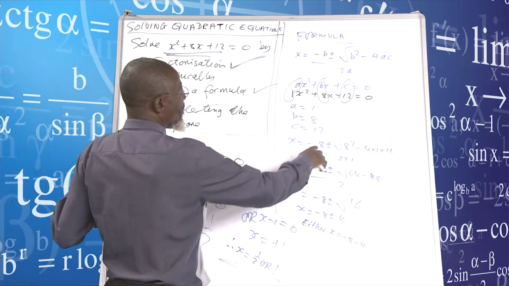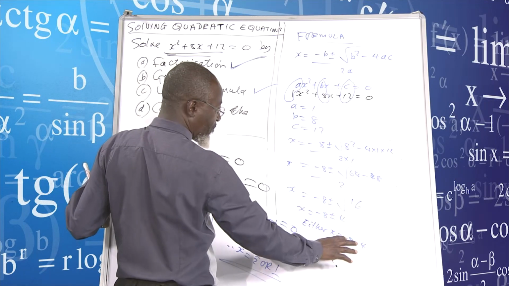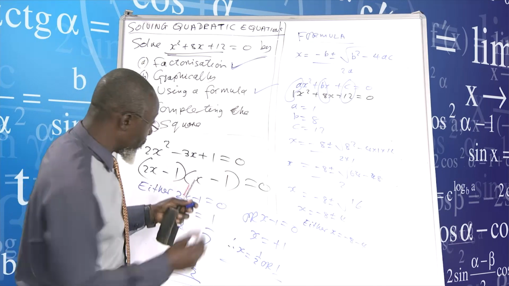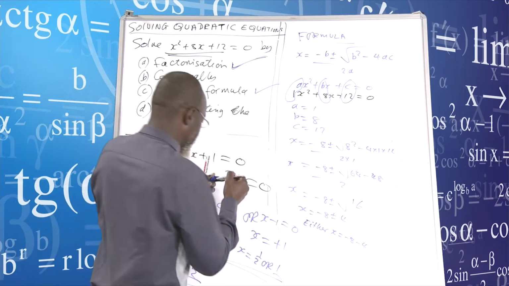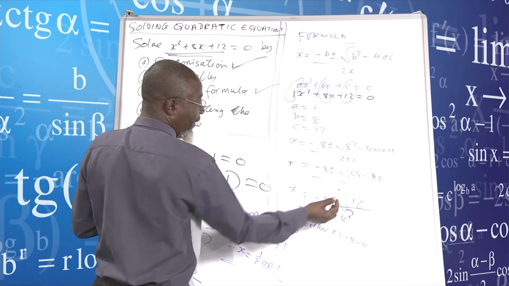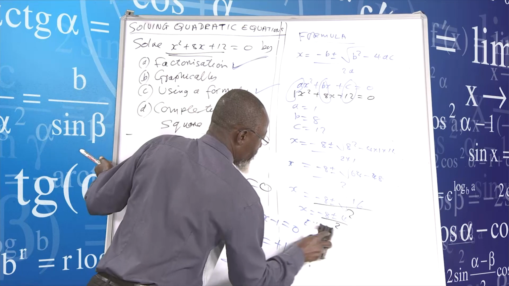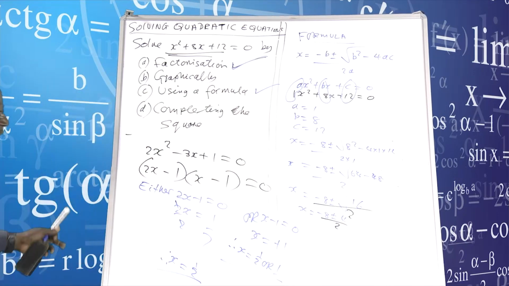And then we've got an 8, our b, which is divided by 2. We had forgotten to divide by 2. We had forgotten to divide by 2 there.